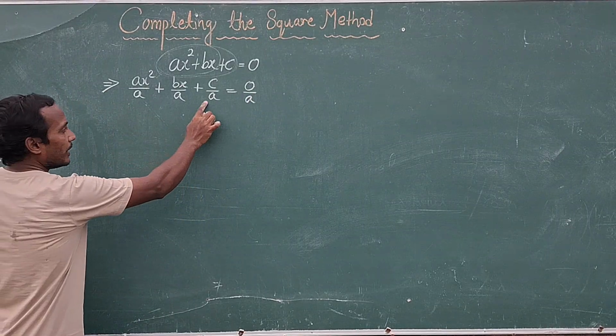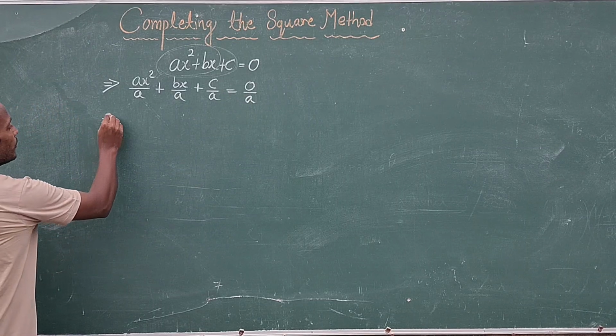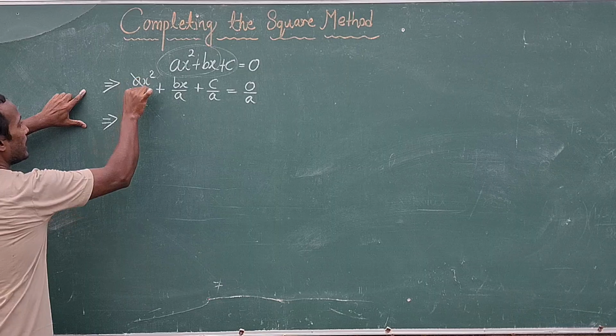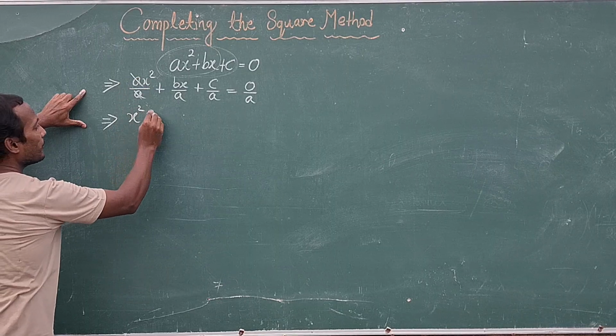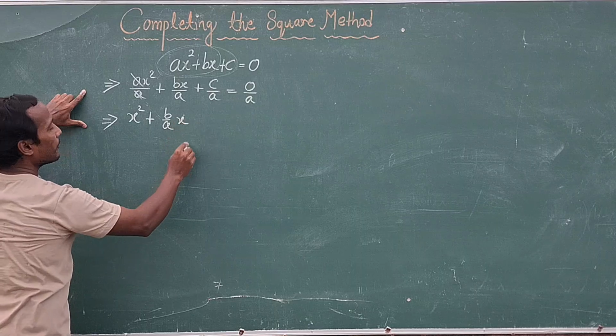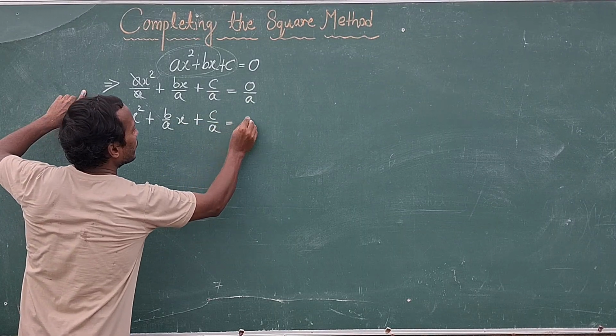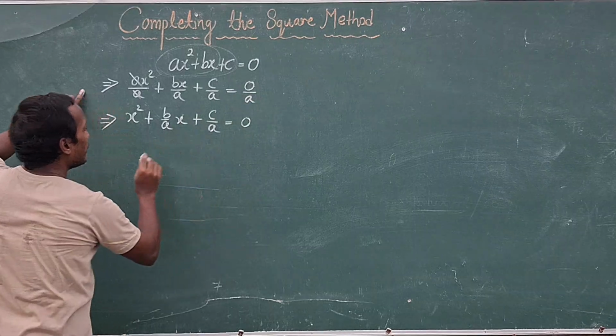All the terms of the left side are divided by a, and on the right side also I have divided by a. Now a cancelled, you get x square plus b by a x plus c by a equals 0. 0 by a is 0.